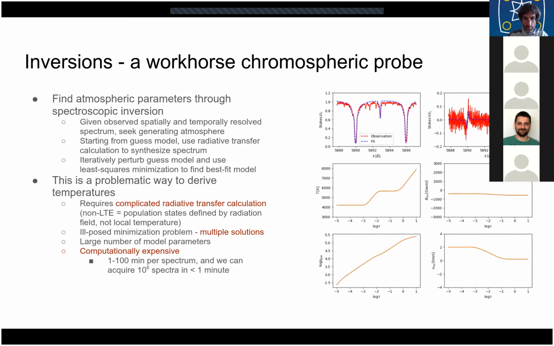For one thing, for chromospheric lines in particular, it requires a very complicated radiative transfer calculation that treats the radiation and the gas in non-LTE. Whereas for photospheric lines, you can make the assumption of local thermodynamic equilibrium, where the radiation is coupled to the local gas temperature.